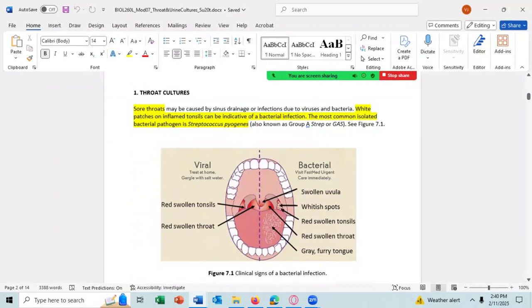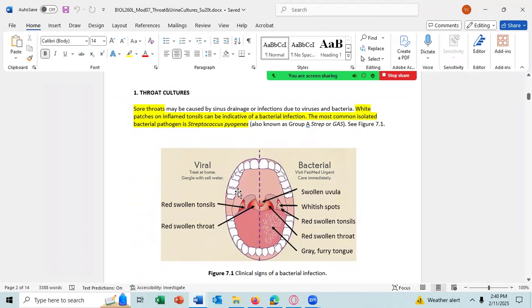Sore throats may be caused by either viruses or bacteria. If you see white patches on inflamed tonsils or in the back of the throat, it is indicative of a bacterial infection. If it's just red, it's likely to be a viral infection.